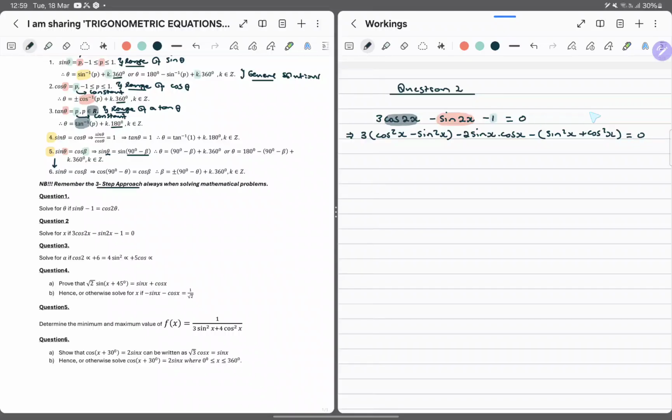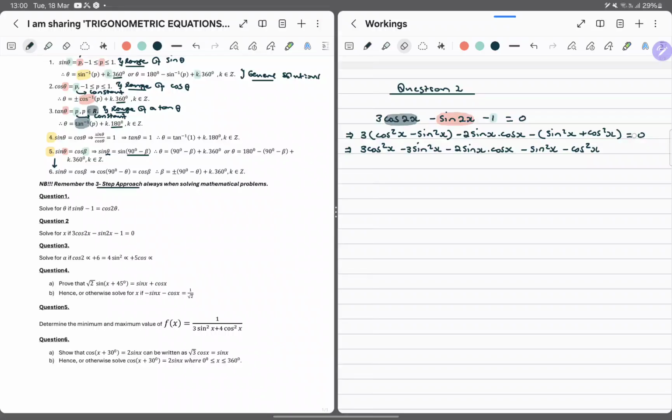Okay, I cannot do anything about the drifting situation there. Even if I try to correct it, it's going to overwhelm me. All right, so now we just FOIL things out. So we get 3 cos squared x minus 3 sine squared x minus 2 sine x cos x minus sine squared x minus cos squared x.